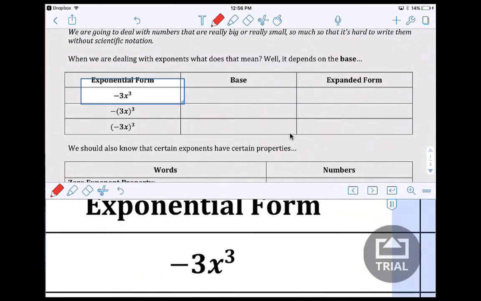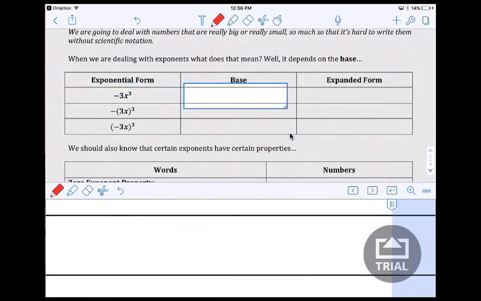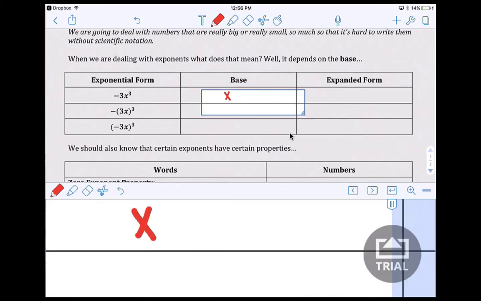So if you look at this first example, it's negative 3x cubed. Well, there are no parentheses, so I assume that the thing that is attached to the exponent is just x, because there's nothing around the negative 3, so the negative 3 is separate.